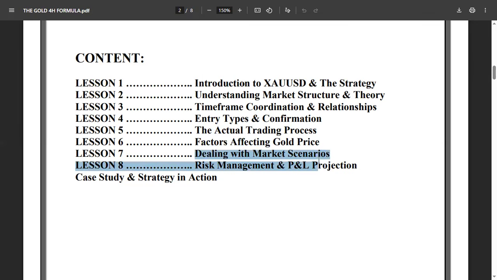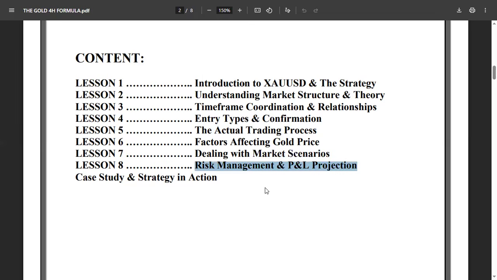And we're going to deal with market scenarios, the market scenarios which may cause the analysis that you do to go wrong. Sometimes you can see the market is going bullish, the next candle is going bullish, but these scenarios, when they occur, they may change the direction of the market. So we need to cover them so that you can be exposed to any scenario of the market.